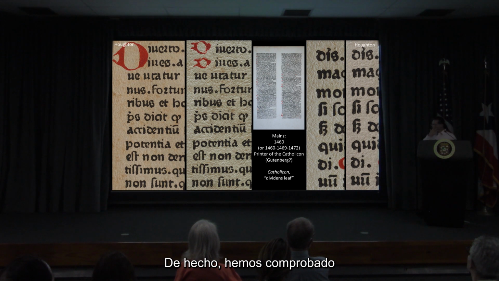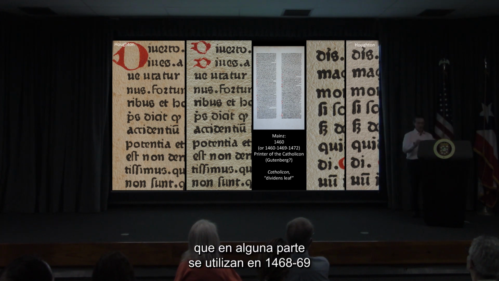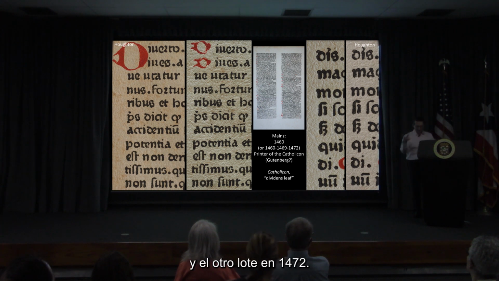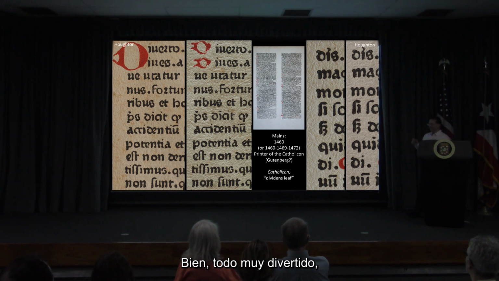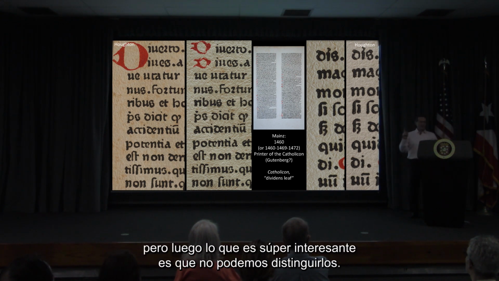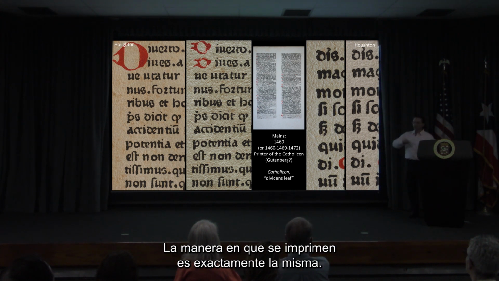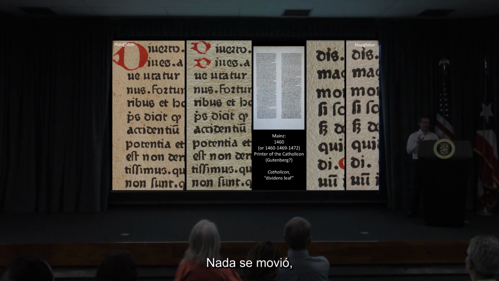In fact, we have proof that some were used in 1468-69 and the other batch in 1472. Okay, all fun and games. But then what is super interesting is that you cannot tell them apart. So the way in which they are printed is exactly the same. So then nothing was moved.